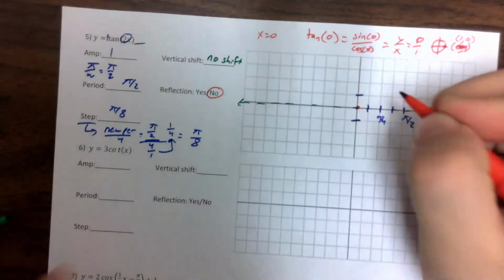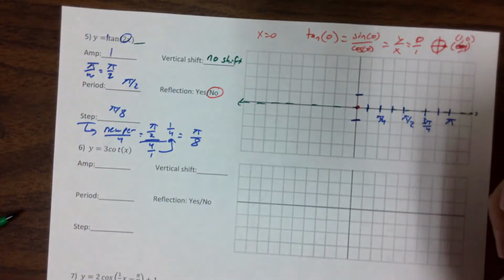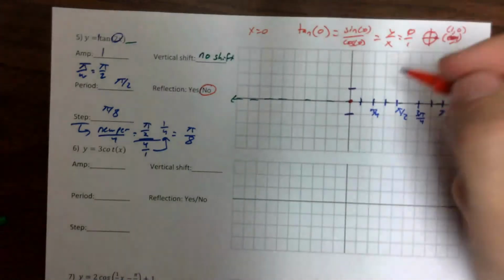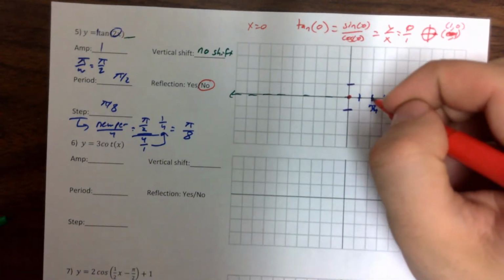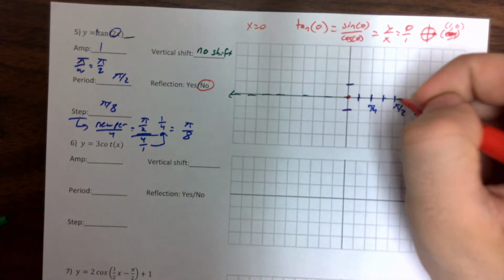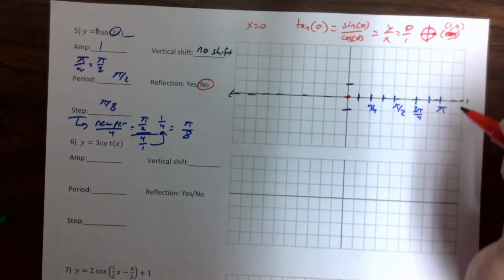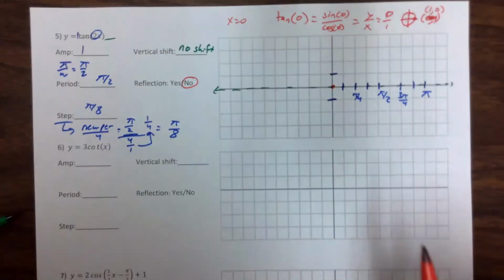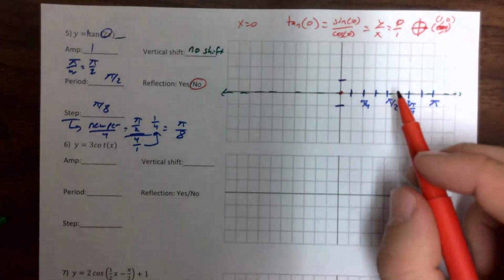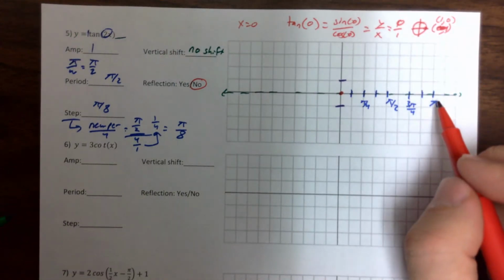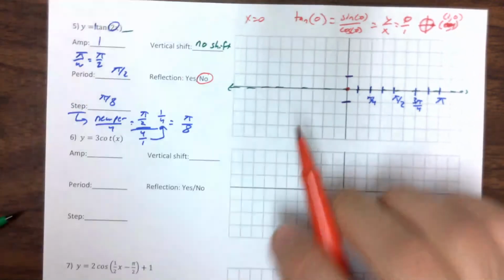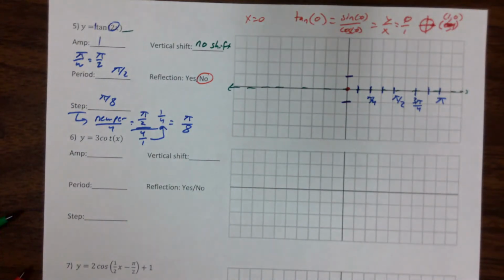That means we're going to skip 1. My quadrantals are here. We skip 1 and it's the next one, skip 1, next one, and so forth. Oh, did I mess up my scale a little bit?